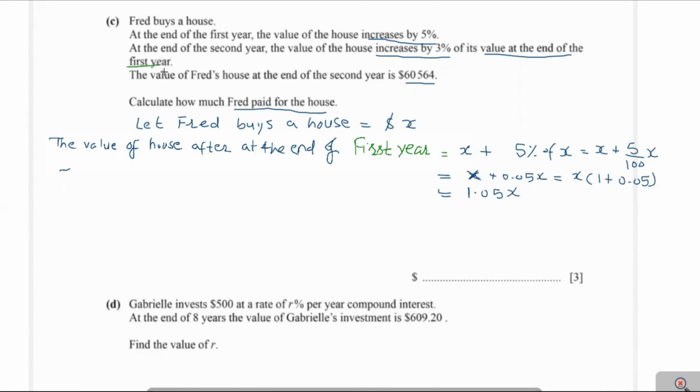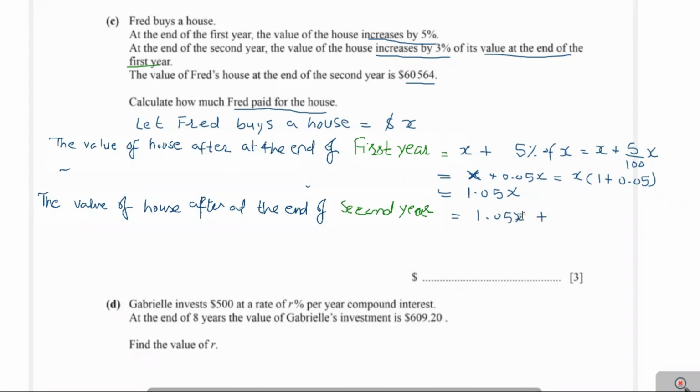1.05X. And next you see here at the end of the second year, the value of the house increases by 3%. The value of the house after the second year will be: the value of the first year was 1.05X. Now it increases 3% of the value at the end of the first year.